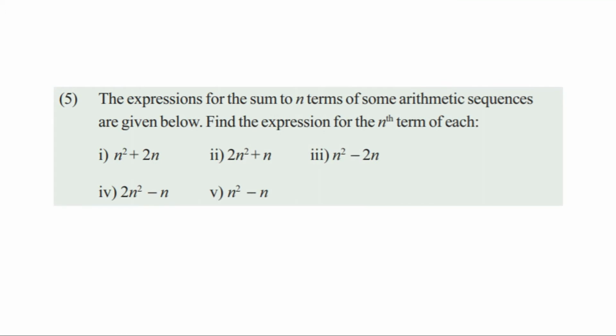Now the fifth problem. The expressions for the sum of n terms of some arithmetic sequences are given below. Find the expression of the nth term of each. Let us take one by one. The first one is n square plus 2n. We need to find the expression for the nth term of this sequence.